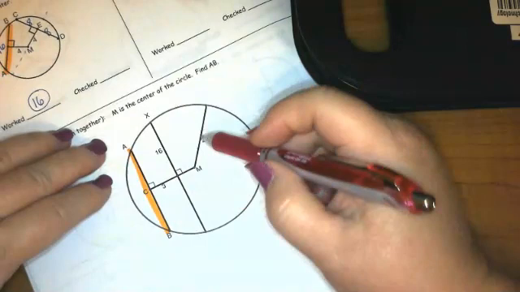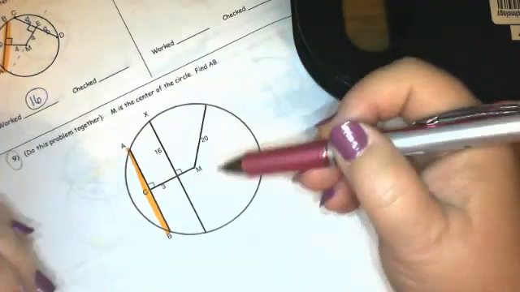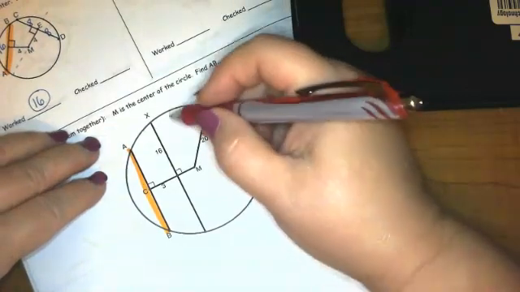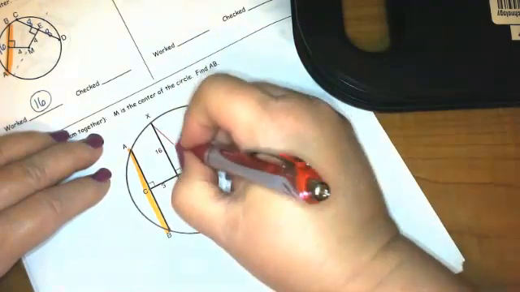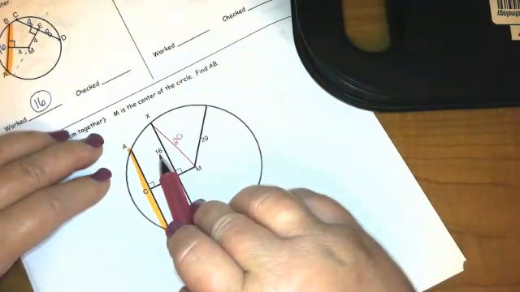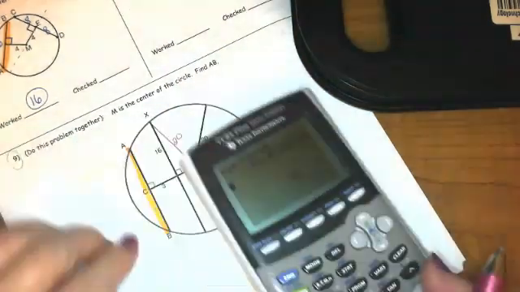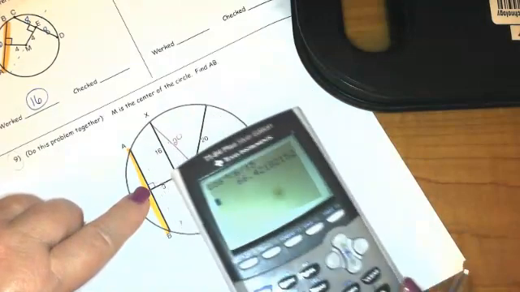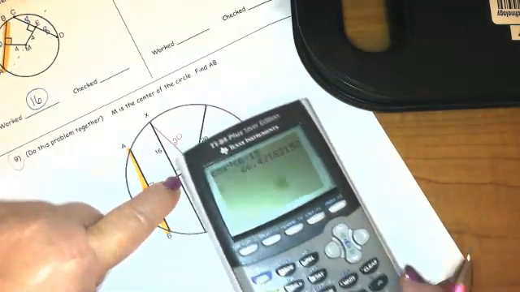Well, let's do this. Notice the radius is 20. I can draw the radius anywhere. I'm going to draw a radius from M to X and label it 20. So if this is 20 and this is 16, and that's a right angle, a little Pythagorean theorem is going to get me my answer for this little segment from M to right there.